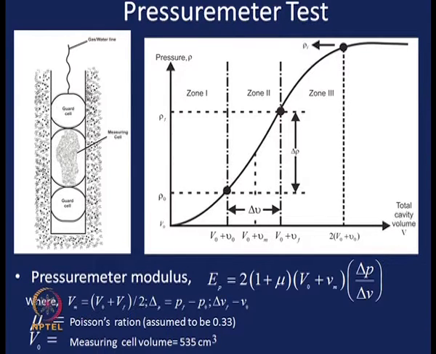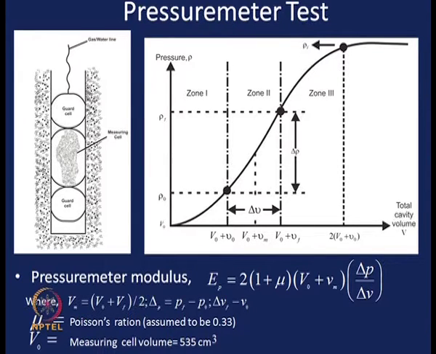It is assumed the soil has failed when the total expansion of the measuring cell is 2 times the in situ expansion, that is 2 times capital V0 plus v0. Under this condition we say that the soil fails, and the corresponding pressure is called the limiting pressure.